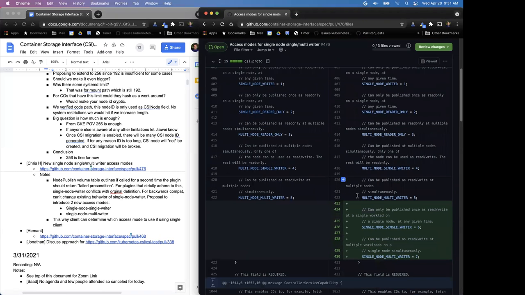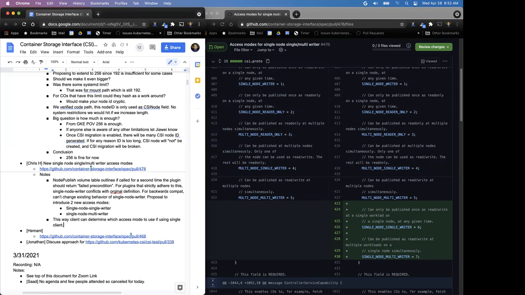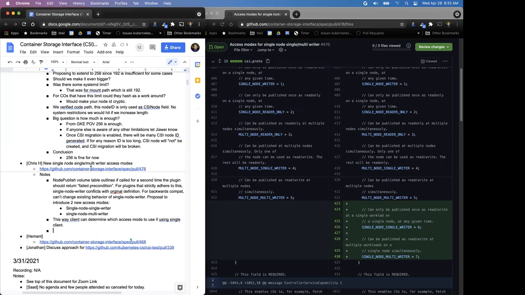So the plan is if a CSI driver supports this capability, then a client should use either single node single writer or single node multi-writer, depending on their use case. If a CSI driver does not support this capability, then the client should continue to use single node writer if that's their intention.